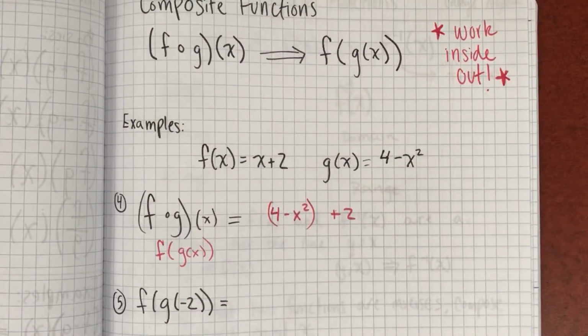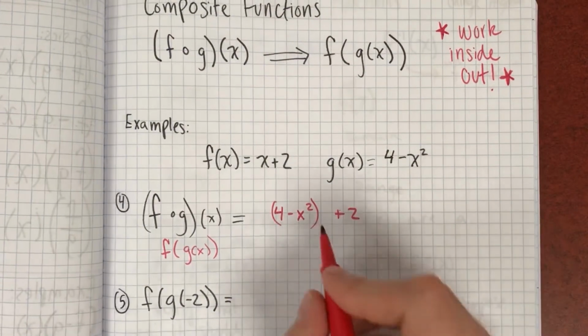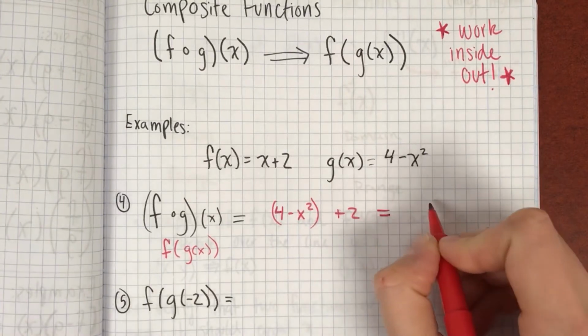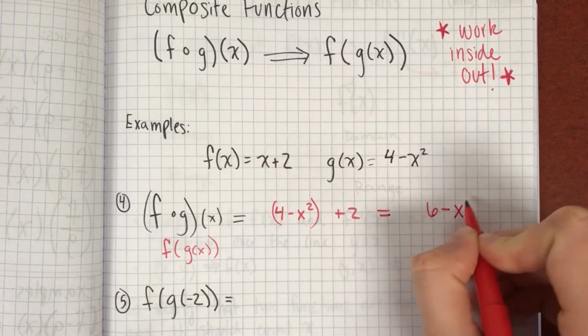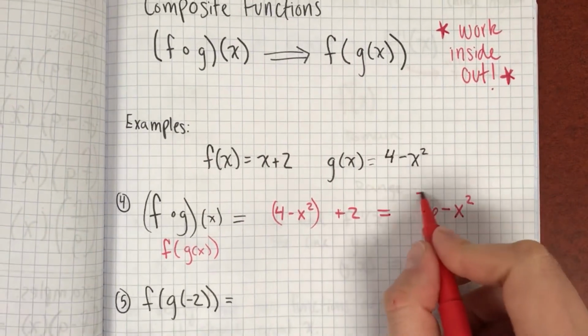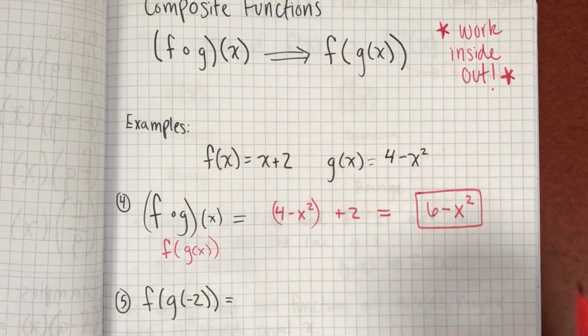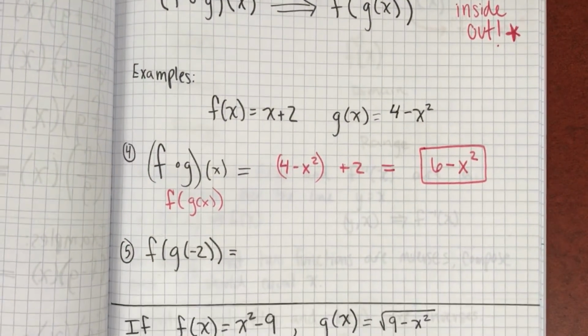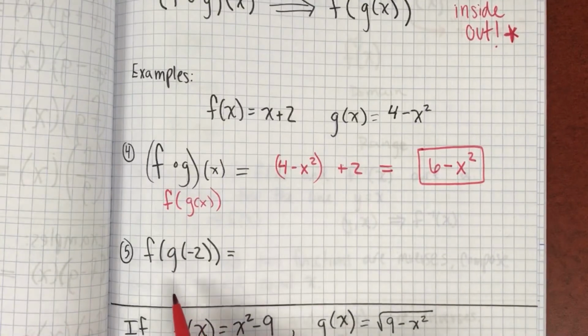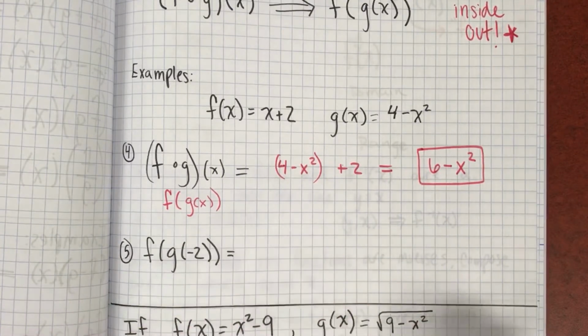And from there, I can then simplify. This simplifies to 6 minus x squared. Now we can also just do the same thing, but with numbers.